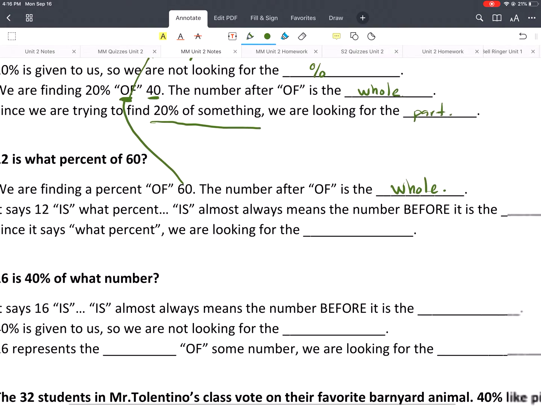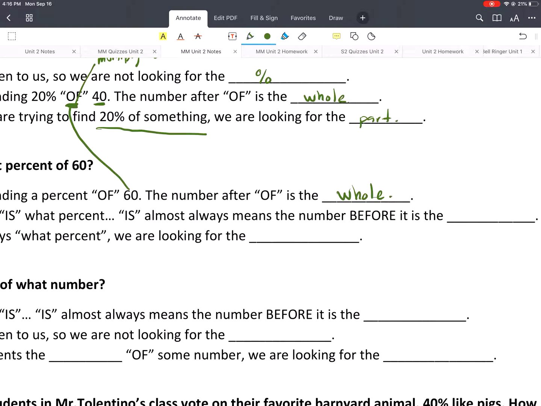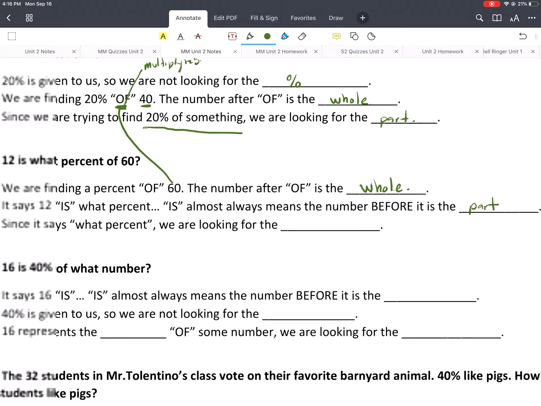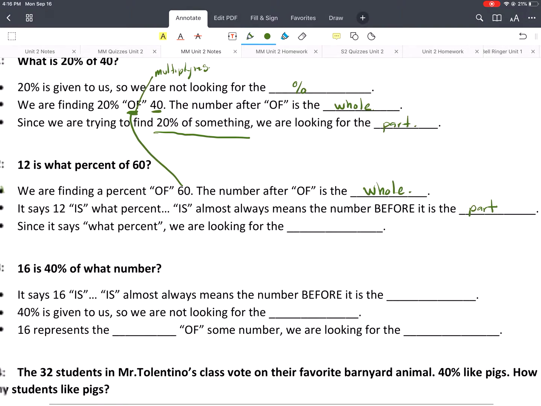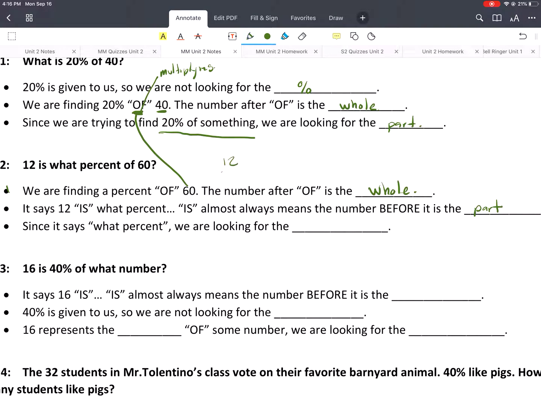Is is almost always the number before the percentage, or the piece, or the part. So 12 would be the part, 60 would be the whole, so something like 12 over 60, and that would give us our percentage. Since it says what percent, that's what we're trying to find.